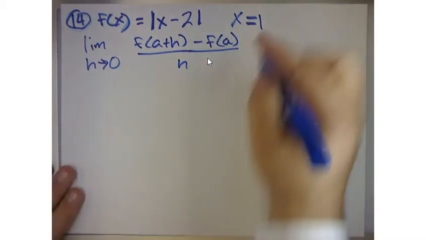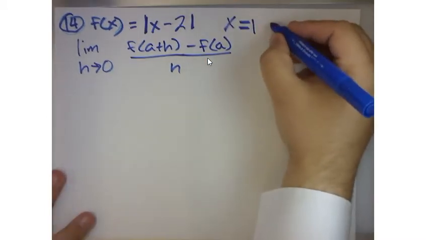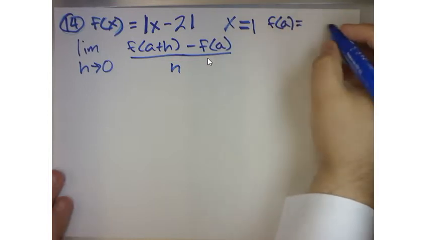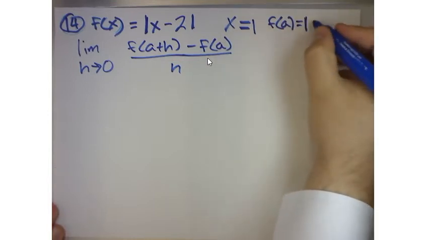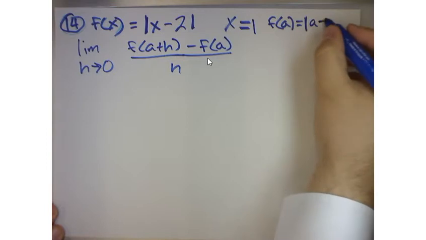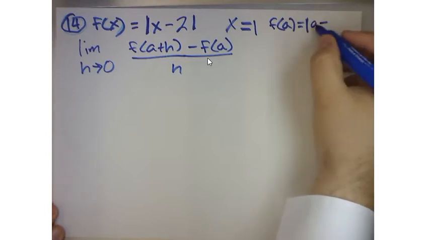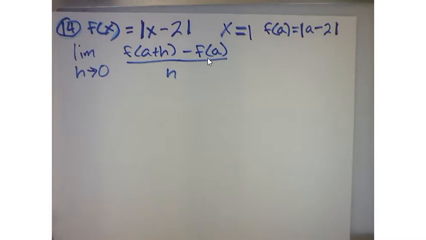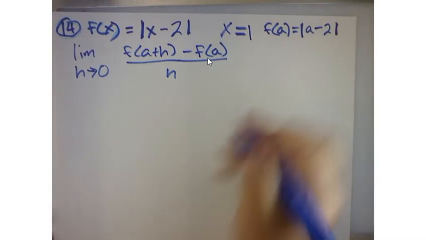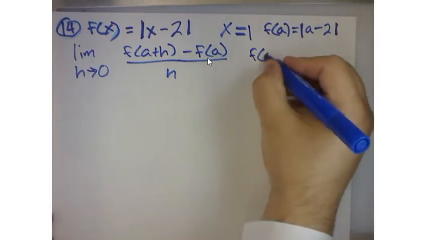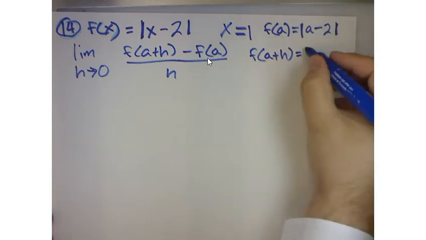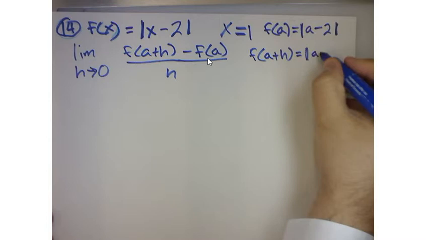Now, if f of x is equal to the absolute value of x minus 2, then f of a should be equal to the absolute value of a minus 2. Basically what I did there is wherever there was an x, I replaced it with an a. Now, to do f of a plus h, I do the exact same thing. Wherever there was an x, I replace it with an a plus h.